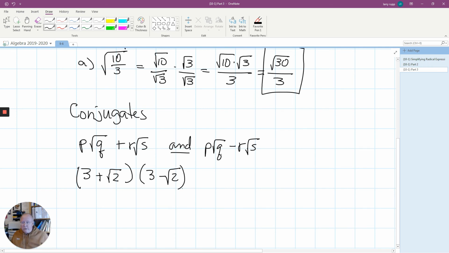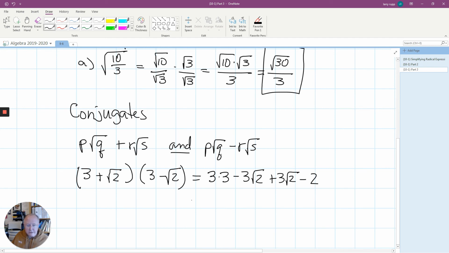So if you multiply these together, you get the first, which is 3 times 3, minus the outer, which is 3 times the square root of 2, plus the inner, which is 3 times the square root of 2, minus the last, which is the square root of 2 times the square root of 2, which becomes 2, right?